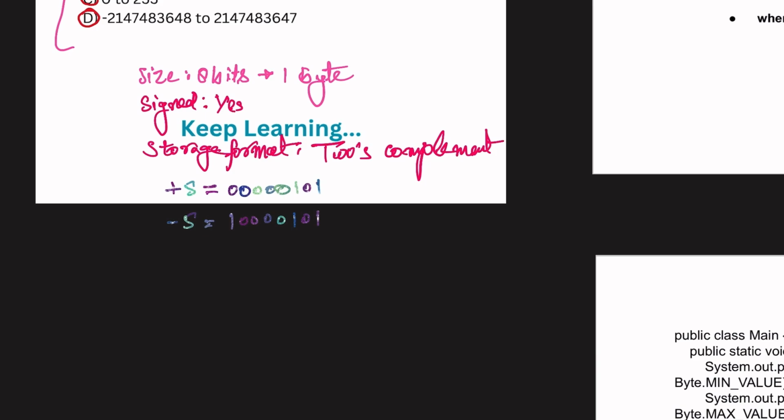Math operations become messy if you use this. So instead, most systems including Java use 2's complement.